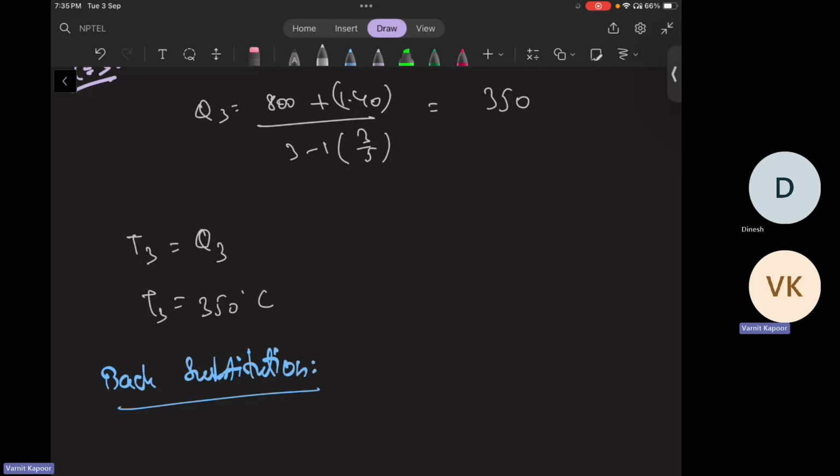Okay, I guess after substituting, you might have got the values. So, Dinesh, can you tell me what T1 and T2 are coming out to be? T1 is given to you guys. What is T2 basically?